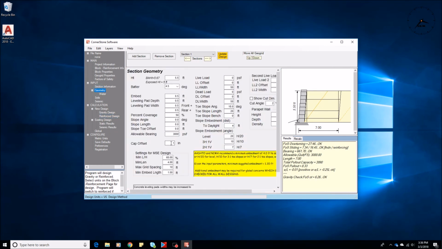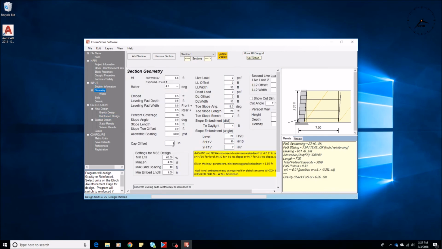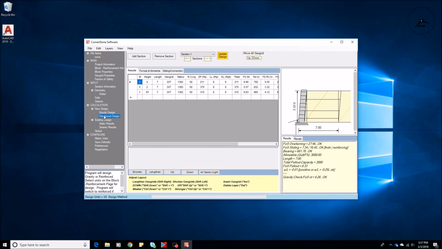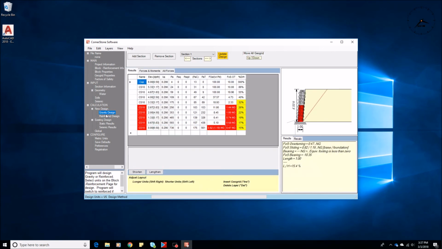We could go to geometry, cap offset of 4 inches, do a design. Yeah, maybe 5 inches. Well, what it should have done is, I think if we go up to 6.5, there we go.